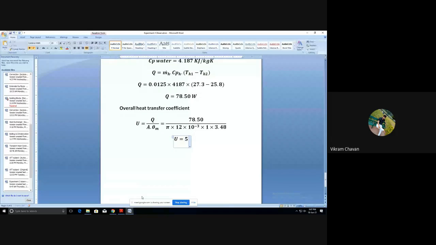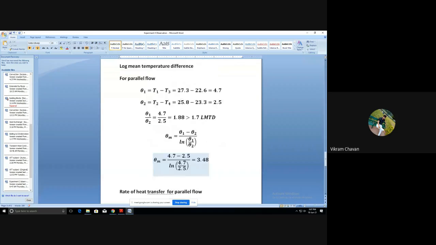It is 598.35 watt per meter square Kelvin, or degree Celsius. Both values are the same in Kelvin and degree Celsius, so you can take either, no issue.